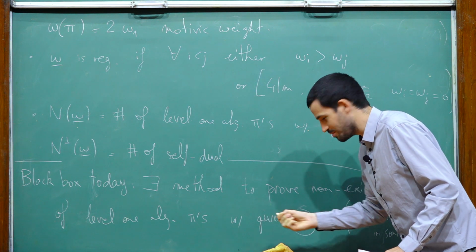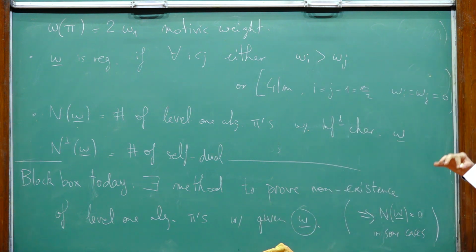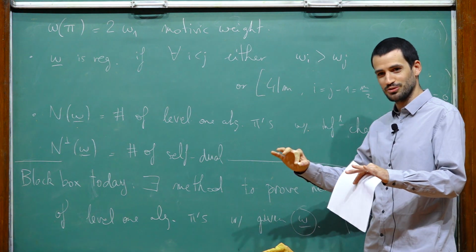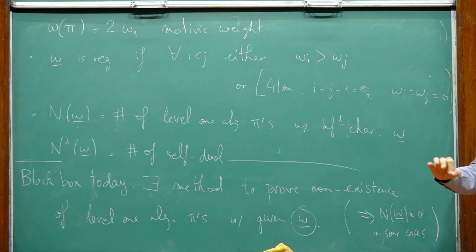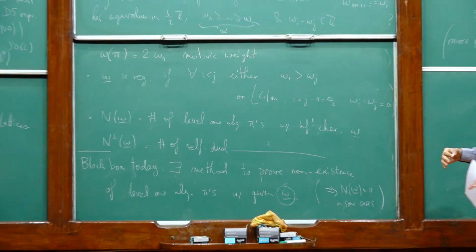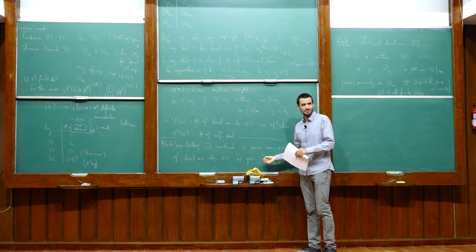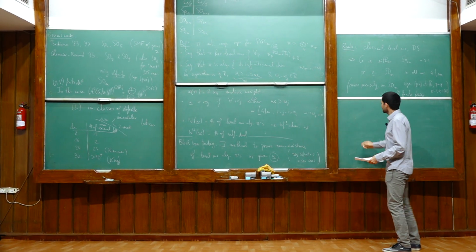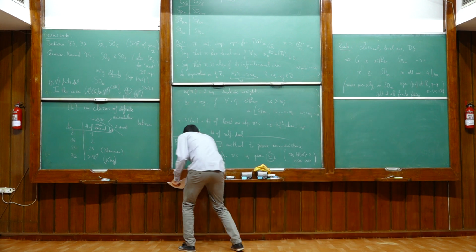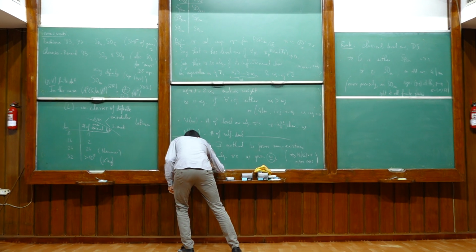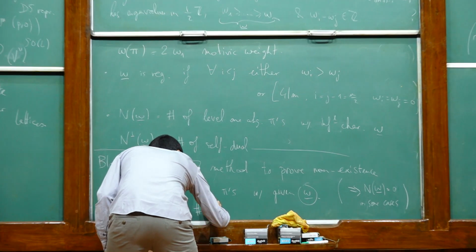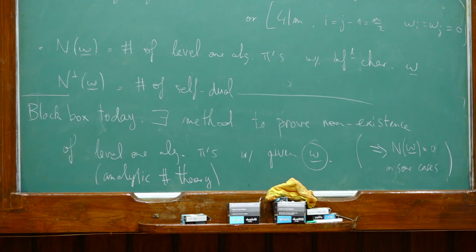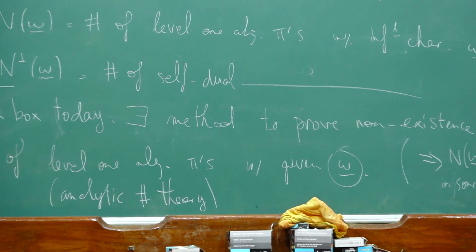What the method does is it shows that these pies live in a constrained space, so you cannot have too many of them. So when you have existence, it helps you to prove non-existence, either for the same weight or for other weights as well. So that's analytic number theory, but okay, I'm not going to discuss this further today.